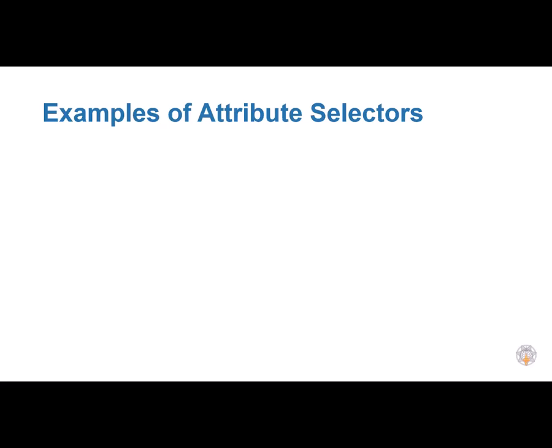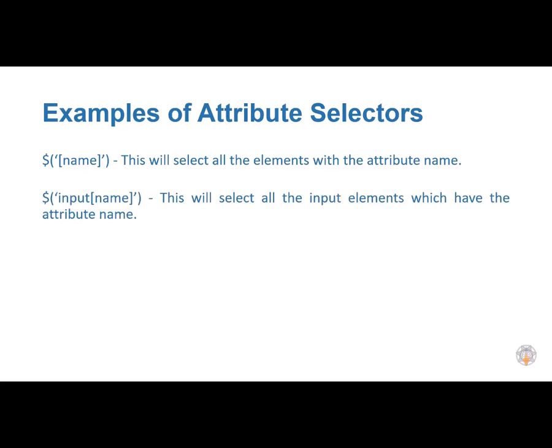Let us see a few examples of the attribute selector. This is a selector which will select all the elements with the attribute name. The second selector will select all the input elements which have the attribute name.